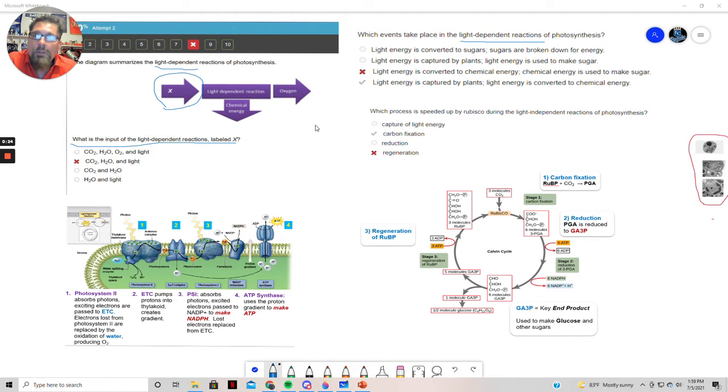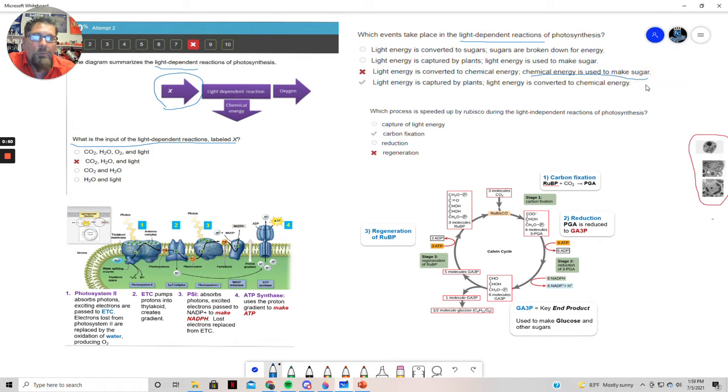The light-dependent reaction. So one of the things that's going to help us right off the bat is that if we recognize that in photosynthesis there are two parts. The part that makes the energy and gathers the components, and the part that actually makes the sugars. And that's going to come into play when we're thinking about picking our answer.